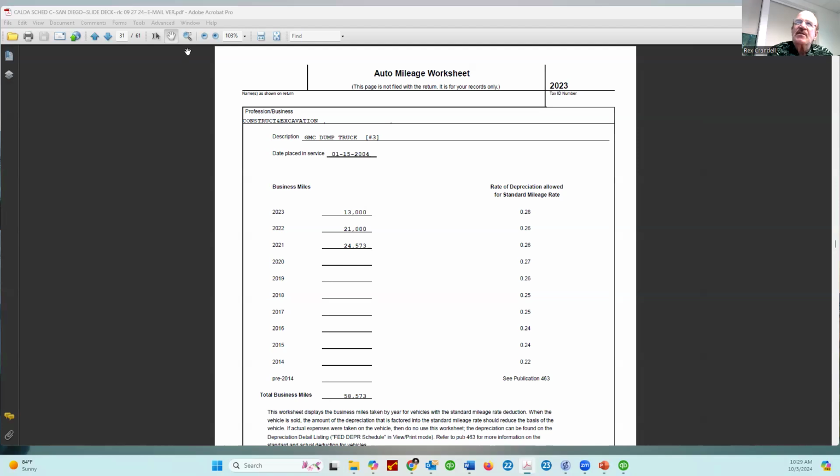So if we have 67 cents a mile for the expense in 2023, the law says that 28% of that cost that you wrote off is depreciation for the future when you sell the car. So if you bought the car for 20,000 and you claim depreciation based on this method, then if you sold it for 15,000, you'd end up having a capital gain of 2,000.